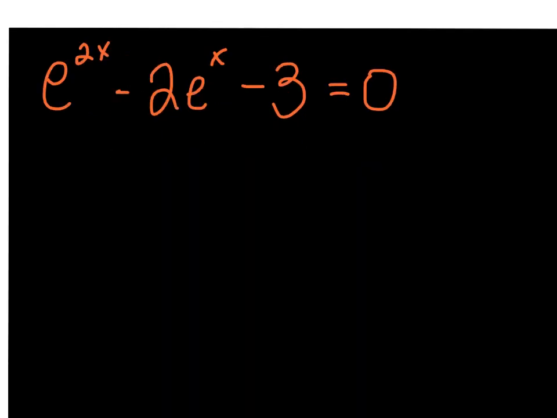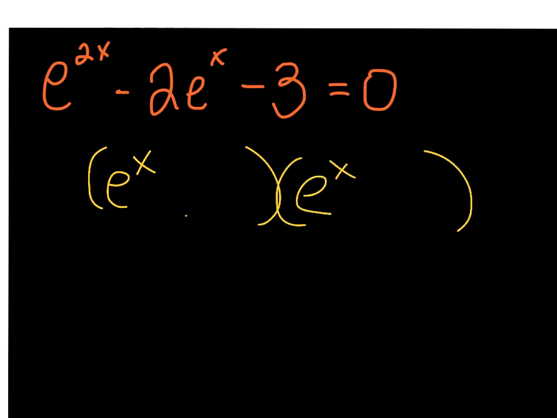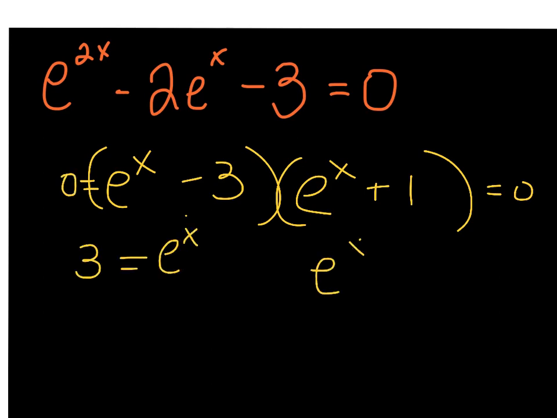All right, this one has multiple e's, so I can't combine them into one term. I can't isolate the e by itself, which means I've got to do what? Factor these. These are easy. Don't make them harder than they are. It's just e to the x and then e to the x. And then the factors of -3 that sum to -2, which is what? Good. -3, +1, set these each equal to 0. e to the x equals 3, and e to the x equals -1.